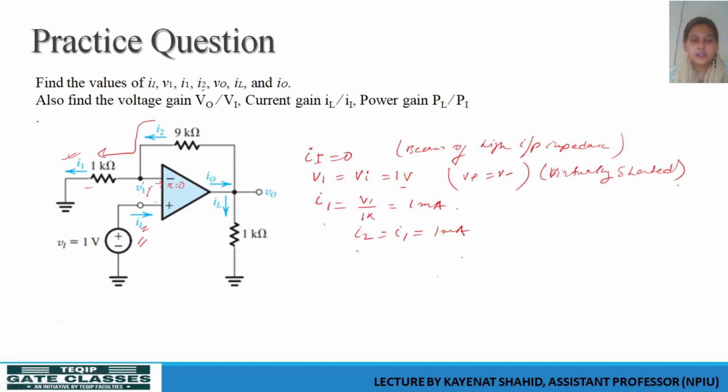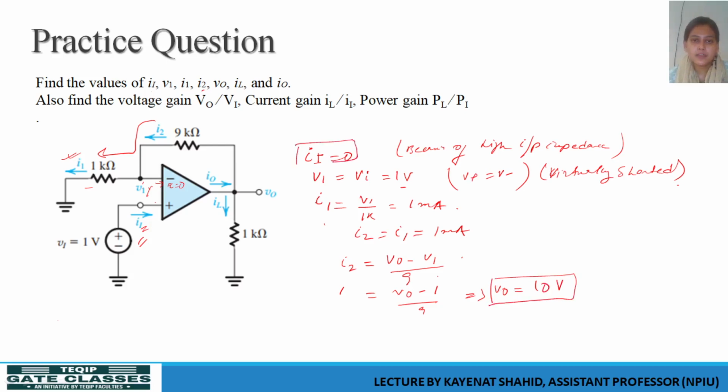So what is this VO? If we write the equation for I2, which is VO minus V1 by 9, we will be able to find out: this is 1 milliampere, V1 is 1 volt, and this is 9, which implies VO is 10 volt.